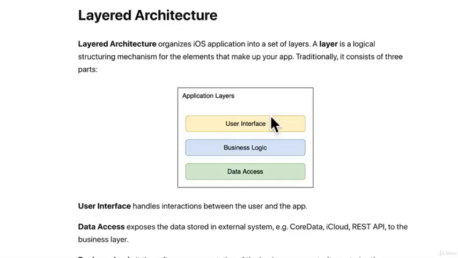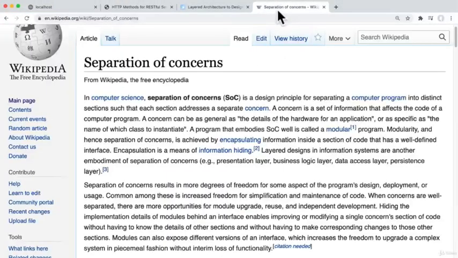In general, application layers are part of a design principle known as separation of concerns, where we want each part of our project, each module, to be responsible for one thing and to do that one thing well.